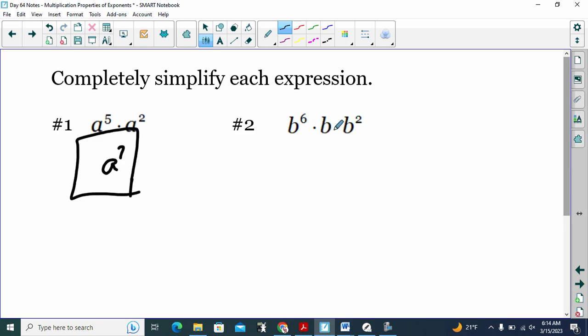Everything I'm doing in here is multiplication. When that's the case, I add up the exponents. 6 plus, it's understood to be a 1, is 7, plus 2. It's 9. B to the 9th.